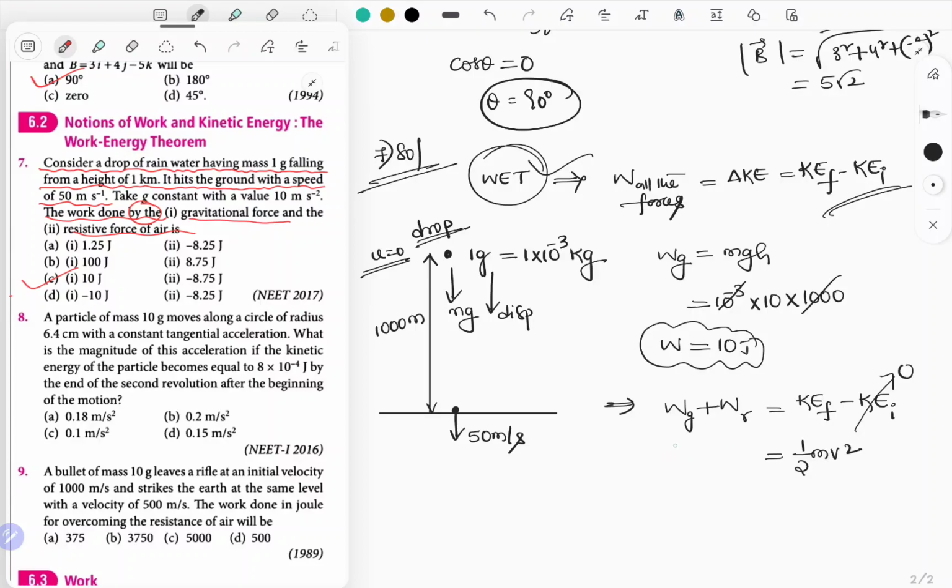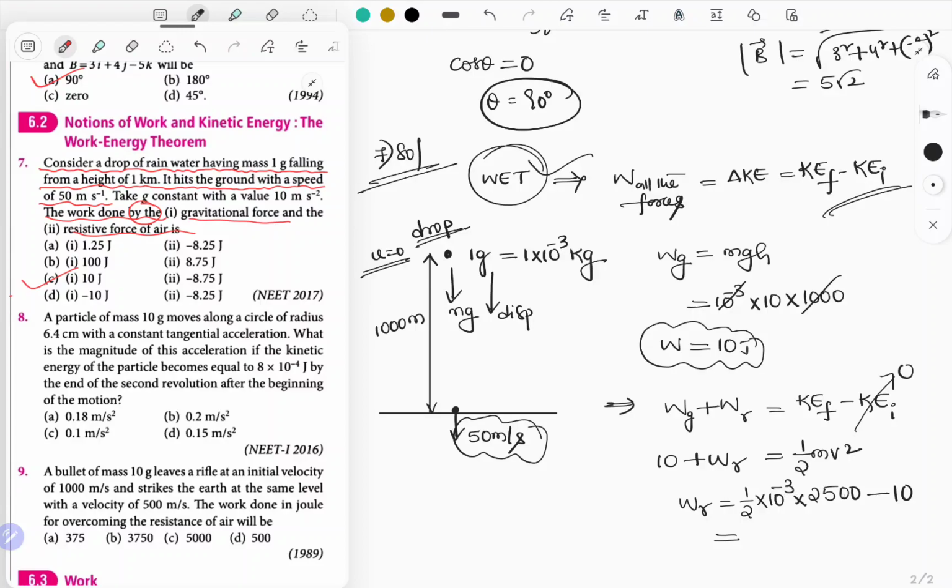Do we know the work done by the gravitational force? Yes, that is 10 joules. WR is the work done by the resistive force. Then the work done by resistive force is equal to 1 by 2 into 10 power minus 3 kg into v square. What is the velocity with which it is hitting? 50. 50 square is 2500, minus 10. Let us see what answer we get.